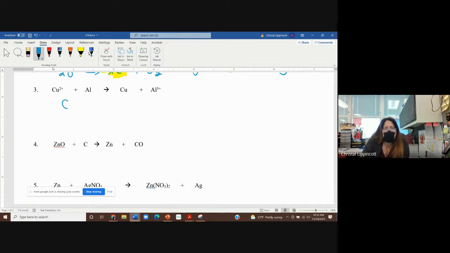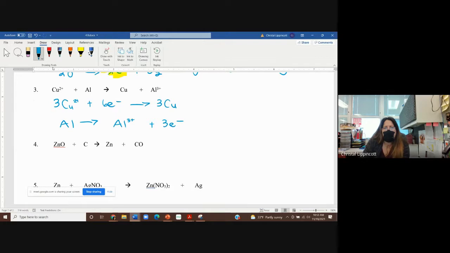So Cu2+ plus 2 electrons is going to give me Cu, and Al yields Al3+ plus 3 electrons. So again, lowest common multiple is 6. I'm going to multiply this all by 3, so this becomes a 3, this becomes a 6, and this becomes a 3.